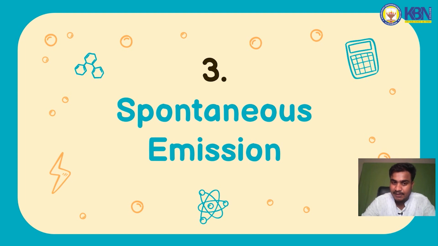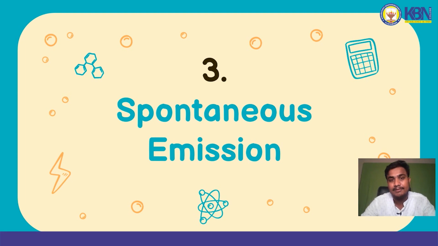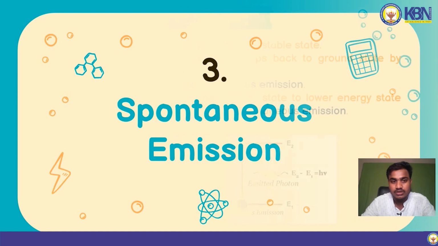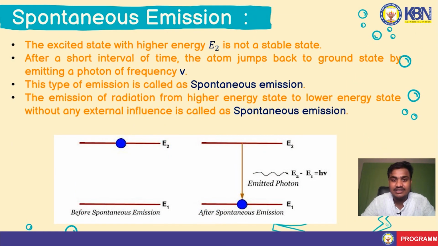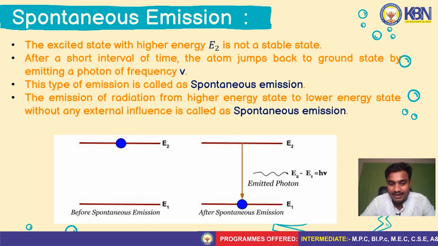Now coming to the second one, spontaneous emission. Now the atom is present in the excited state, which is represented by the energy level E2. The excited state is not stable, as I said. It will have some lifetime period. After completion of the lifetime, it will again come back to the ground state.